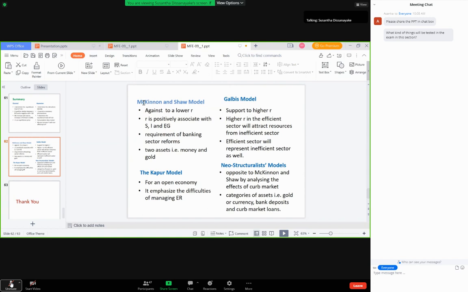So having that idea, they introduced this one. I'm pretty sure it's not the McKinnon and Shaw. They always stay standard on this. Once you evaluate throughout all the years, they stand on some way of Keynesian thought.